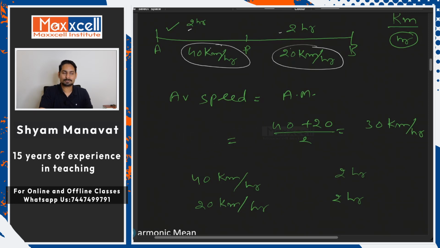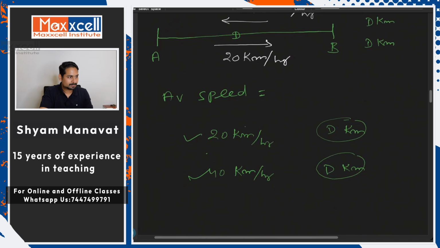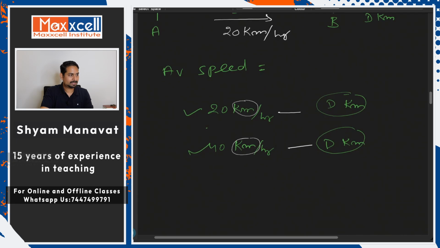Do you see here, the hour, that means the denominator, is the same for both observations. Whereas here, the numerator, kilometer, is the same for both observations. In that case, if you need to calculate the average, you must use harmonic mean. Then only you will get the correct answer.